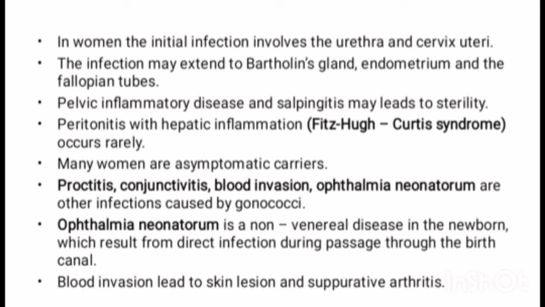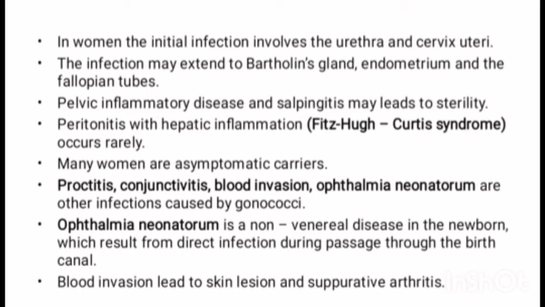In females, infection with gonococcus also leads to pelvic inflammatory disease and salpingitis. Salpingitis is the inflammation of the fallopian tube. Salpingitis as well as pelvic inflammatory disease lead to sterility. In some persons, peritonitis may develop with perihepatic inflammation.